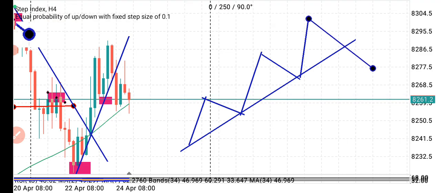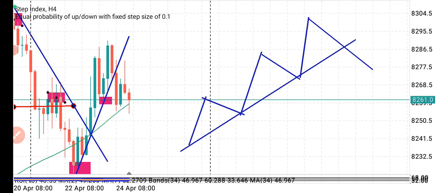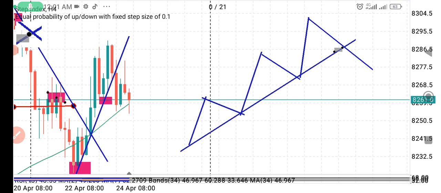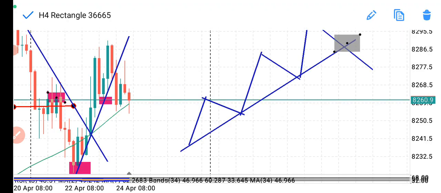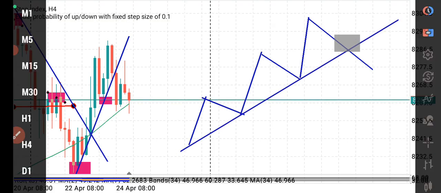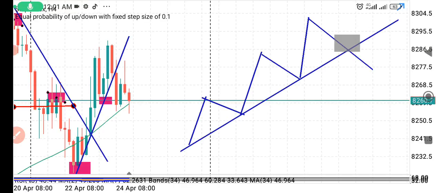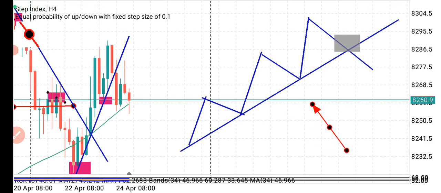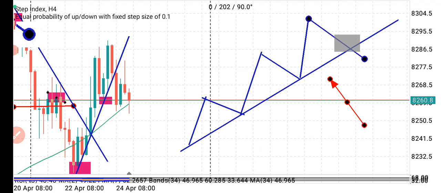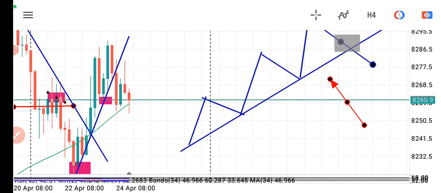So in this scenario, you are expecting this price to give us a new higher low here, and then suddenly this price breaks out of this trend line.